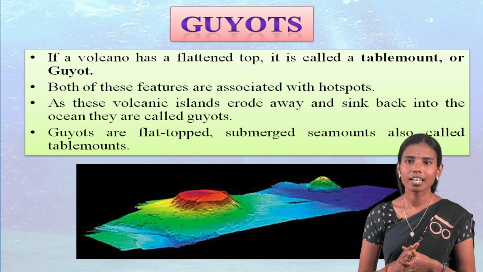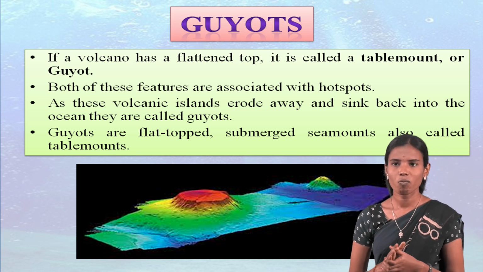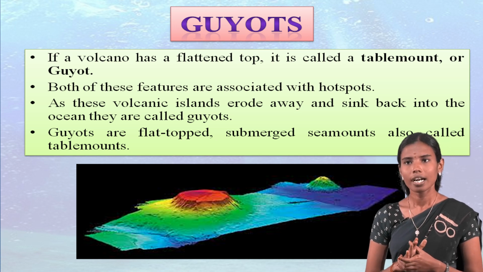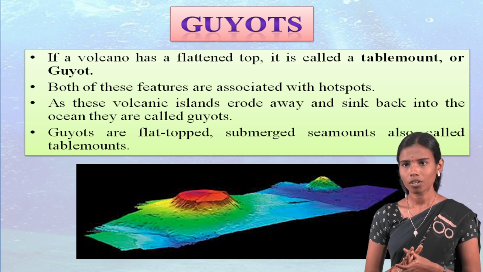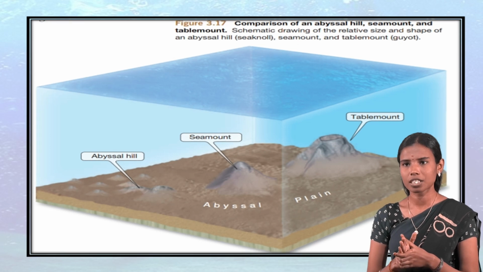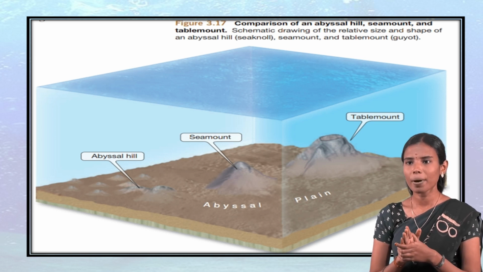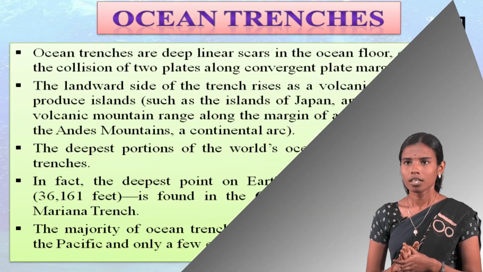They are called Guyots. Guyots are flat-topped submerged sea mounds. It is also called table mounds. Next, this is the picture of abyssal hill, seamount and the table mount located in the deep ocean basin, that is the abyssal plain.